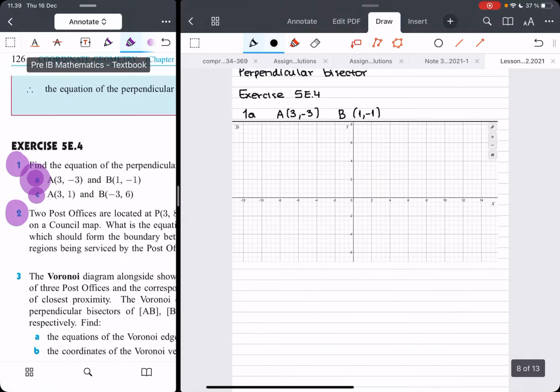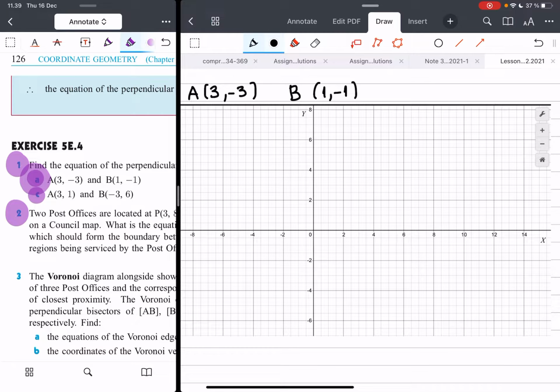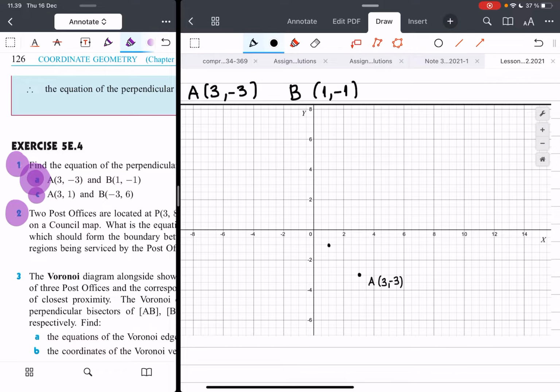Let's start with 1A. They're giving you 2 points, the A, which is (3, -3). And if I had to place it on this Cartesian plane, it would be placed down there. And the B, which is (1, -1), B is located here.